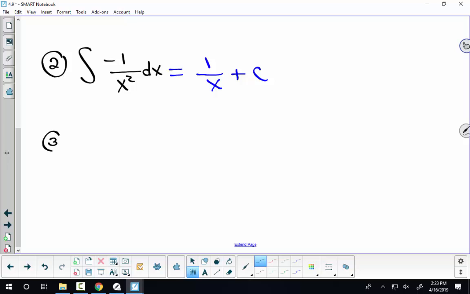Okay, how about the antiderivative of negative sine with respect to x? The derivative of cosine is negative sine. So the antiderivative of negative sine is cosine plus constant.